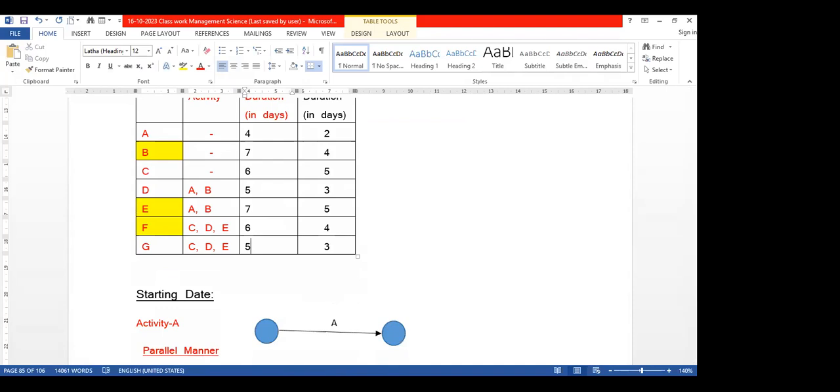So now we can draw a network diagram for the crash durations. What we have to do is take the same network diagram, but we have to copy it.